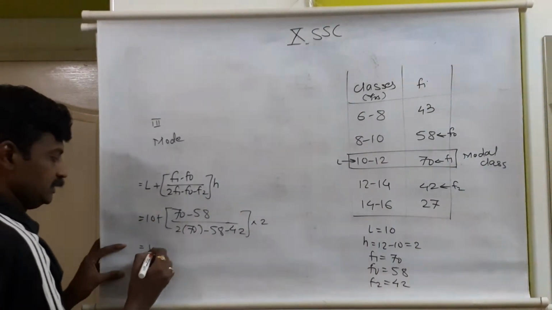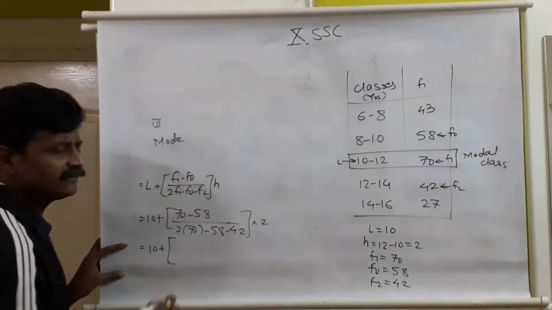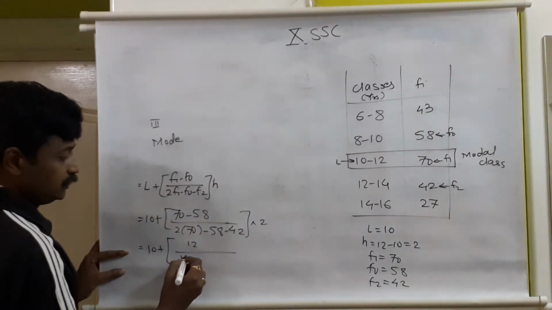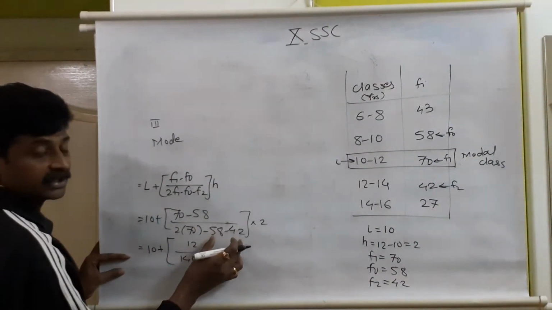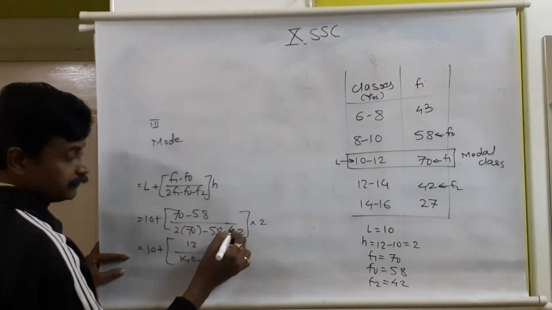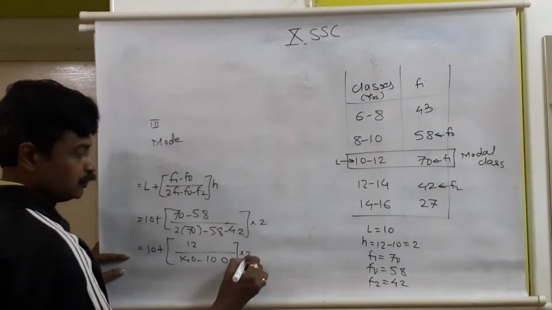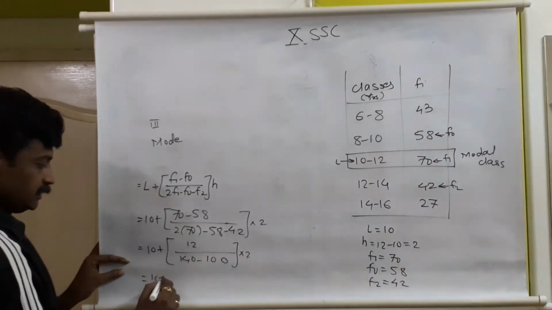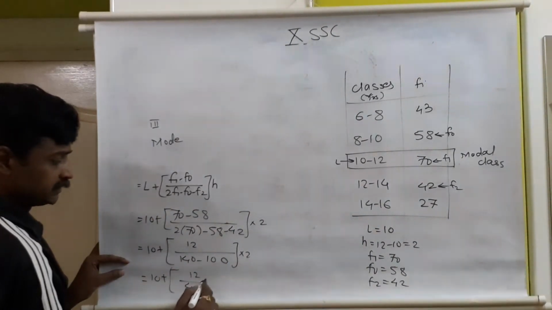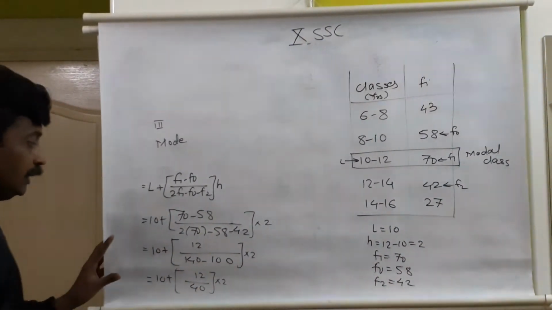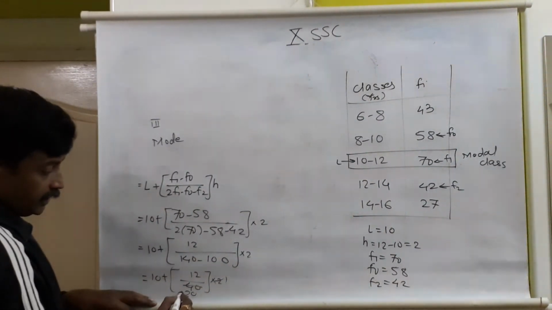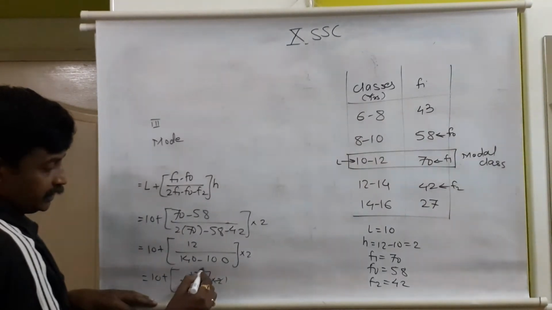So let us continue with it. 10 plus 70 minus 58, it will be 12, upon 140 minus, these both are negative, so we can add them. 58 plus 42 is 100, so 140 minus 100 remains 40, into 2, which can be further simplified. 12 into 2 is 24, 40 is 80, so 24 upon 80 simplifies to 6 upon 10, into 2.